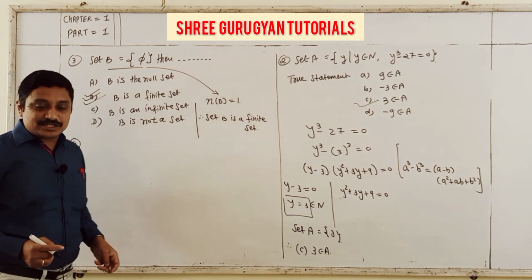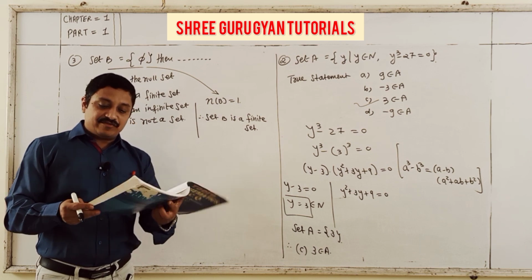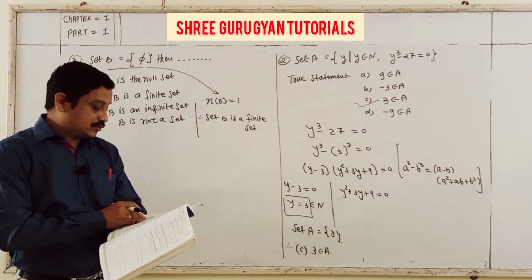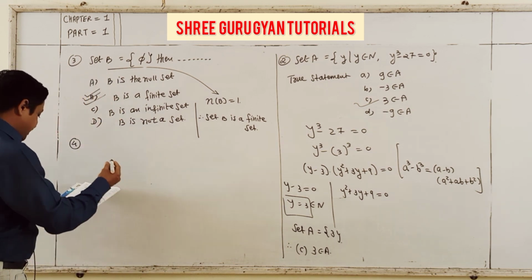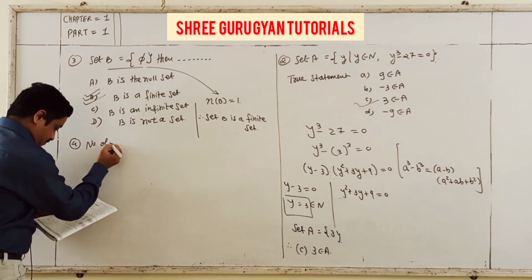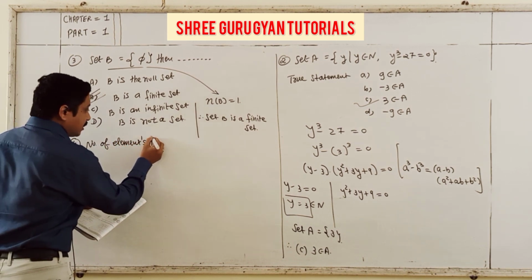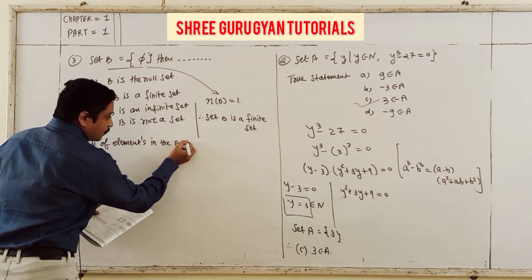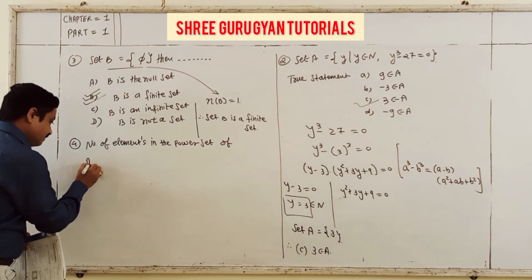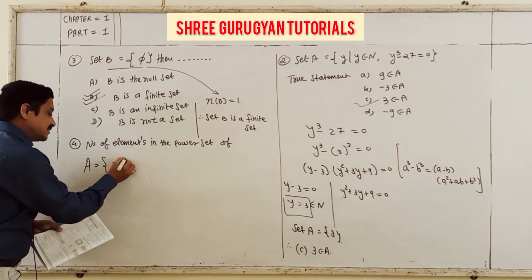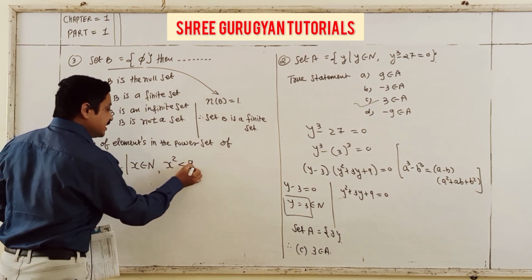Continue towards the next question. Fourth one. The fourth is also very interesting. Find the number of elements in the power set of the given set A, where A is x such that x belongs to N and x square is less than 9.